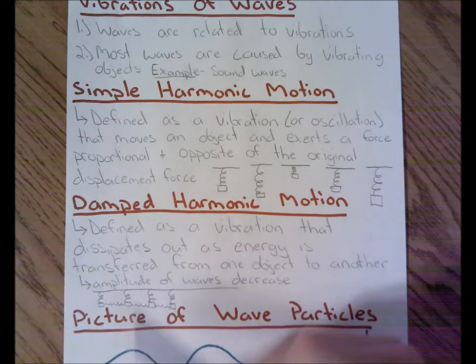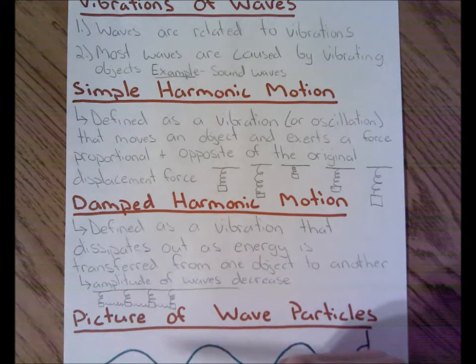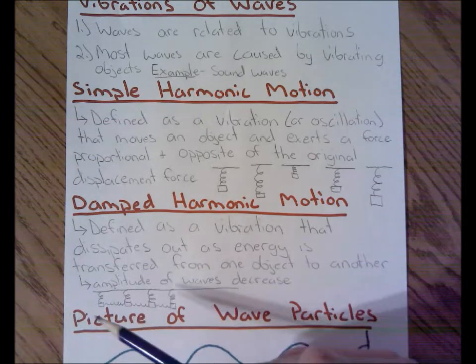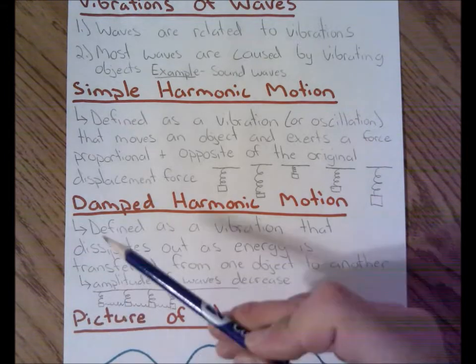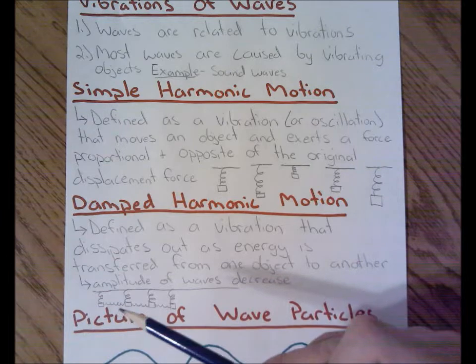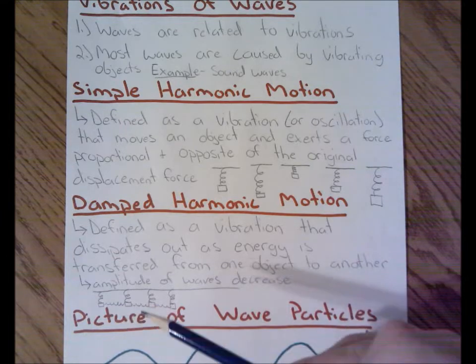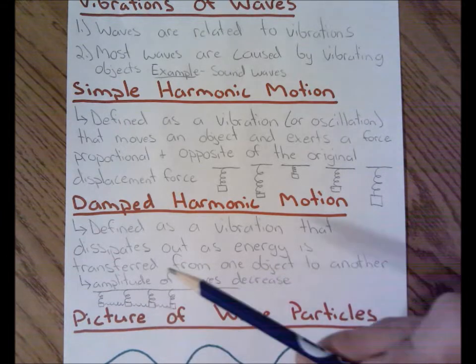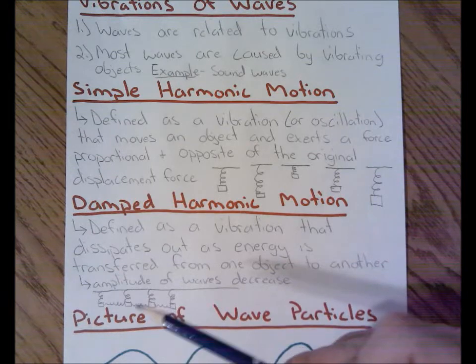So we have a little bit of energy going up and down, and some of that energy is transferred in this spring from left to right to make this one go up and down, and that is transferred to this next connected spring, and this one makes it go up and down, and so on and so forth.